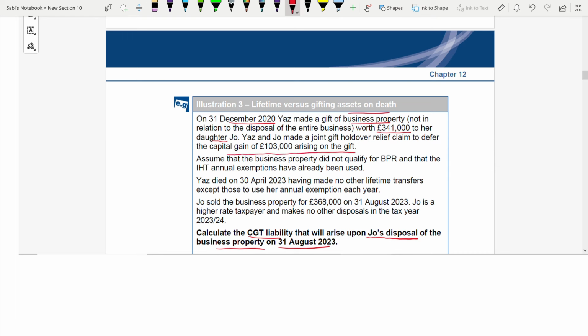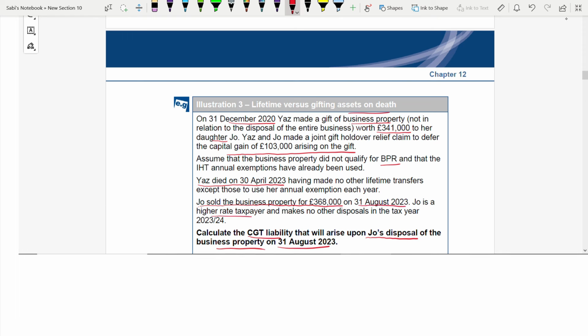Assuming the business property did not qualify for BPR and the IHT annual exemptions had already been used, Yas died on 30th April 2023, having made no other lifetime transfer except those using her annual exemptions. Joe sold the business property for 368 on 31st August 2023. Joe is a higher rate taxpayer and makes no other disposal in the tax year 23-24.